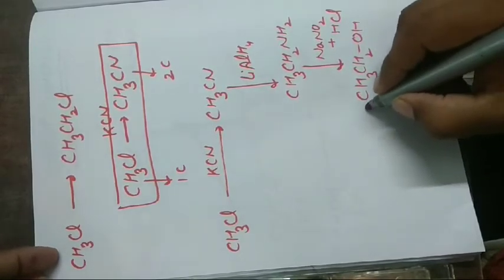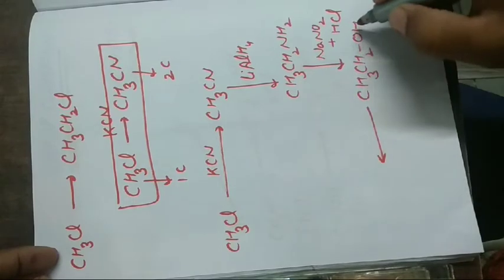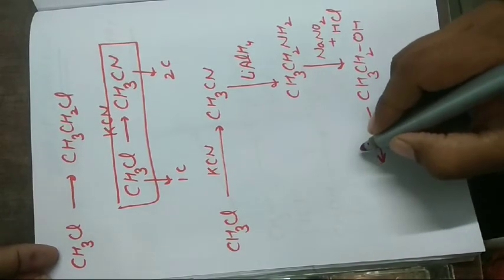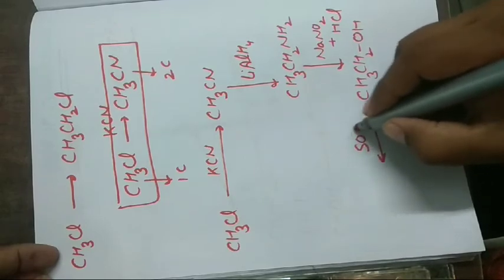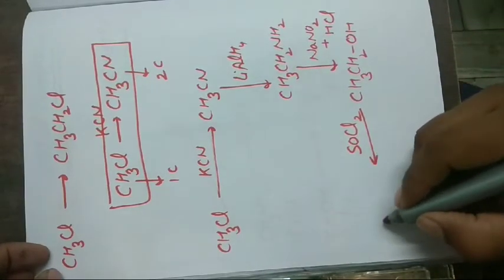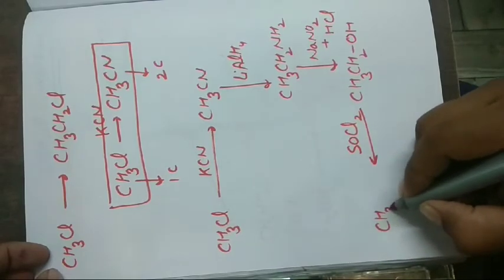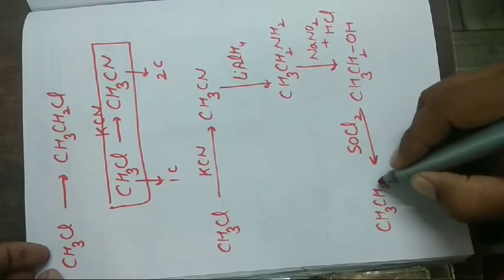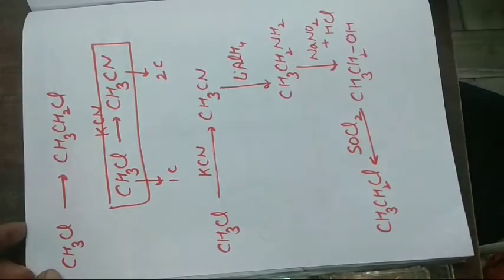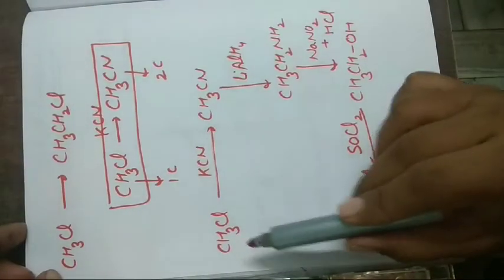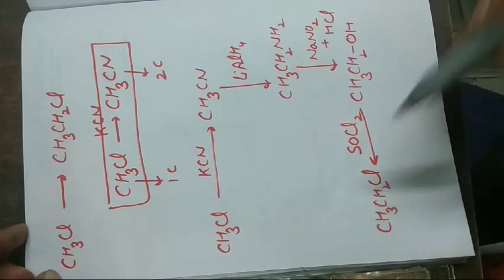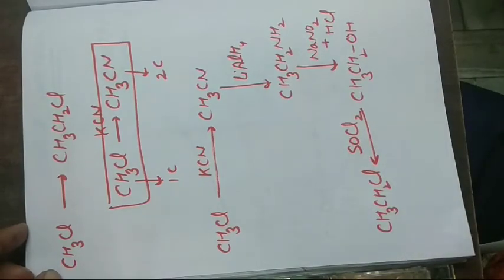Now what can we do? We can convert this OH group into a Cl group. How? By reacting it with SOCl2 or PCl3, PCl5, any chlorinating agent. It will get converted into CH3CH2Cl. So we have converted CH3Cl into CH3CH2Cl by this idea.